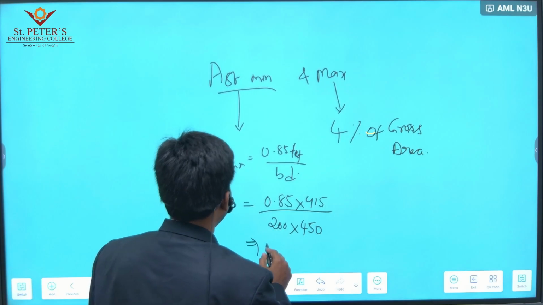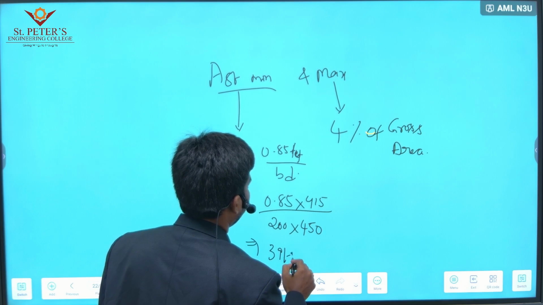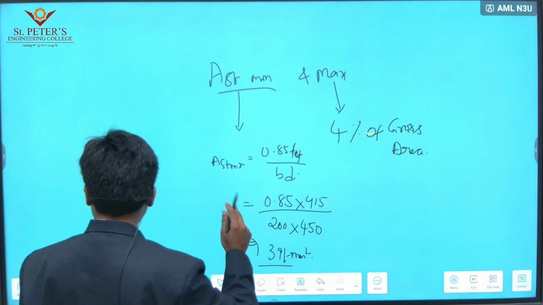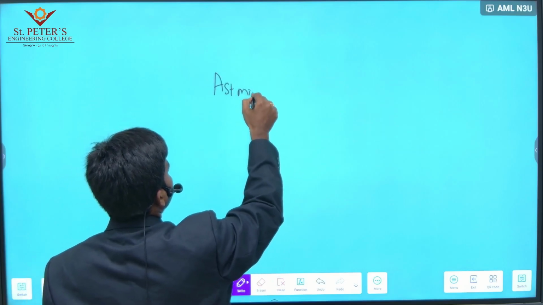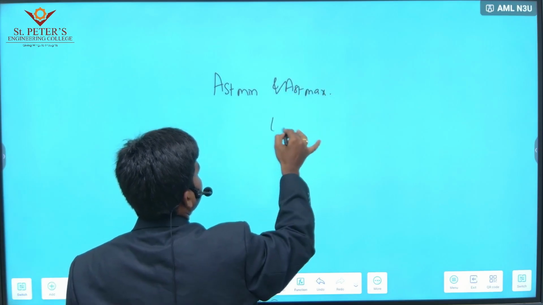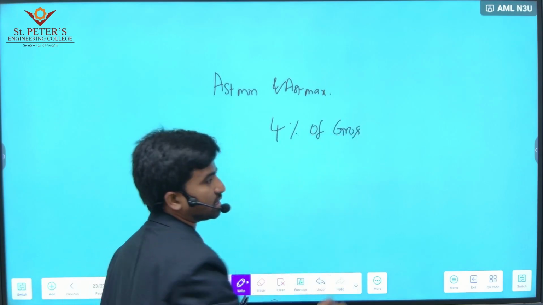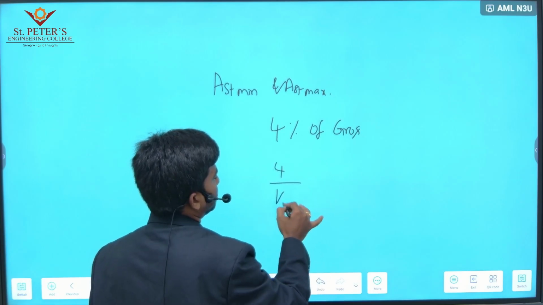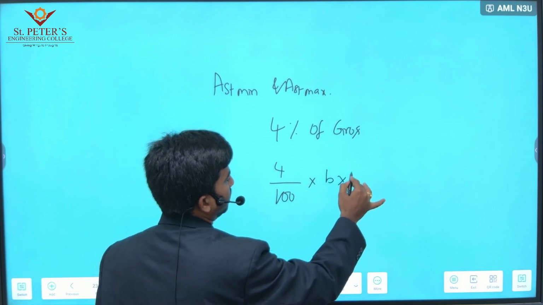We got that value. The minimum steel is 390 mm square. The minimum steel we are providing is AST minimum, and AST maximum is nothing but 4% of gross area. Gross area means here the section is rectangular, so length into width. 4% is 4 by 100, width, breadth multiply with overall depth.